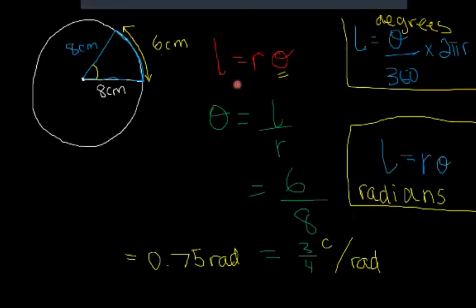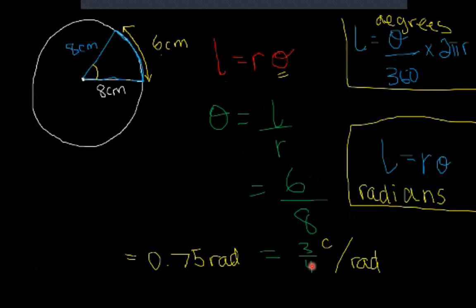We have L, we have R. So therefore theta is equal to L on R, right? That's just me transposing. If R is multiplying on this side, it divides on this side. Okay, all I have to do now is substitute my values. So since I know that theta is L on R, I know L is 6 and R is 8. So theta is equal to 6 on 8, which reduces to 3 on 4.